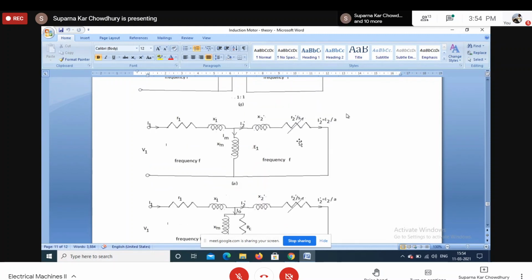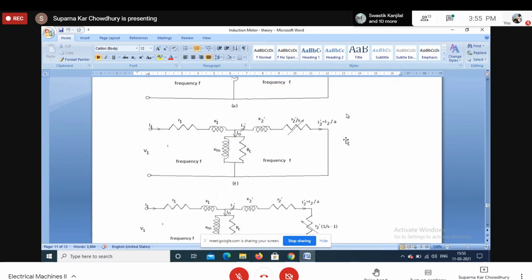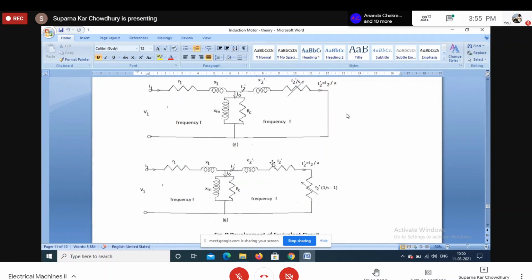After solving, whatever developed power we get, from that the core loss is subtracted to get the actual mechanical power developed. So this R2 by S can be divided into R2 here and the rest here. This resistance, which is variable, will represent the mechanical power, and this represents the rotor copper loss.